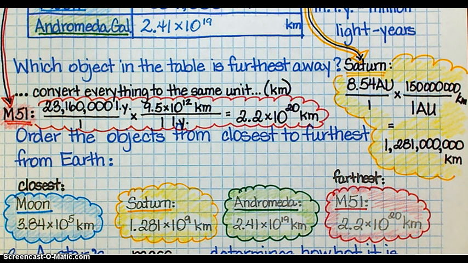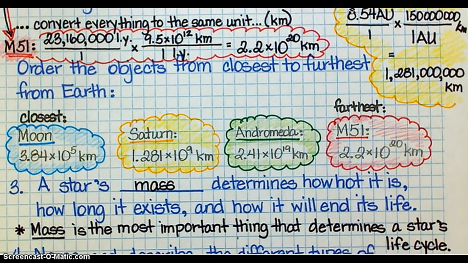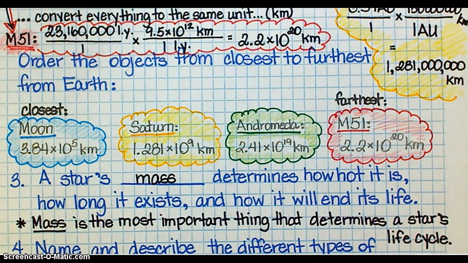All right, the next question says a star's mass, that's the blank, determines how hot it is, how long it exists, and how it will end its life. We haven't quite finished with lesson 3, but a star's mass is the most important factor that determines what's going to happen to a star.